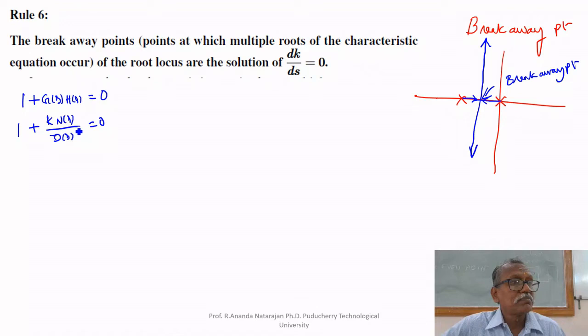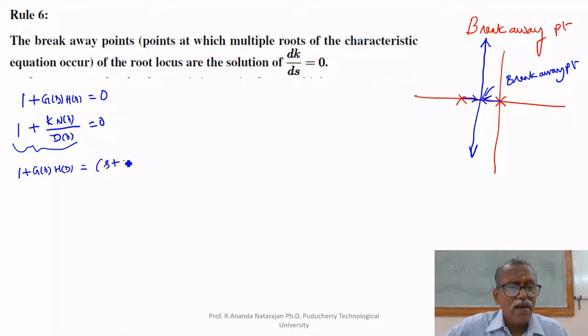Suppose this characteristic equation is written as (s plus b) to the power r multiplied by X of s.